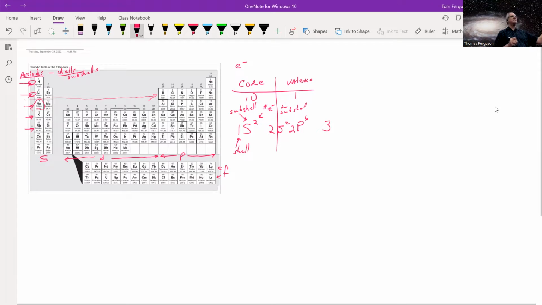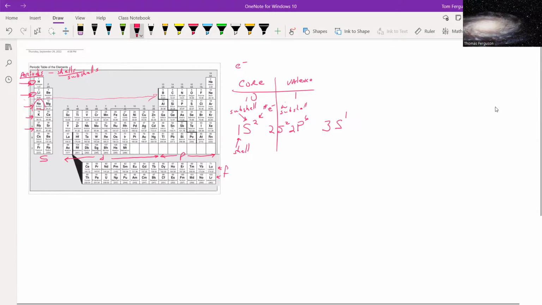How far in is sodium on the S subshell? 1 in, that's right. So on the S, we have 1 electron there. So that's the electronic configuration for sodium: 1s2, 2s2, 2p6, 3s1. Now, think about uranium. Uranium has 92 electrons. That's a whole bunch of electrons to account for.